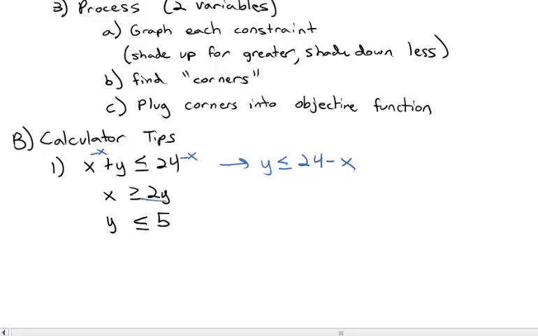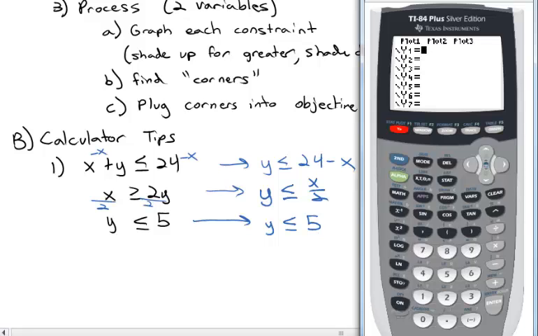The second equation, we can divide both sides by 2. And I'm going to flip everything over at the same time because we like the y to come first. Notice the inequality points at y, so we're going to stay consistent with the inequality pointing at y: y is less than or equal to x over 2. And the last one already is y is less than or equal to 5.